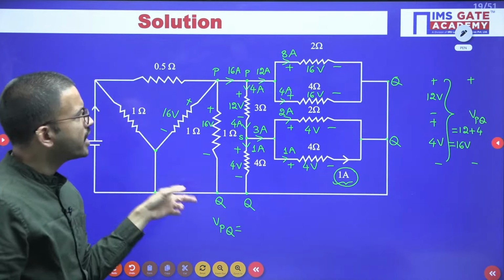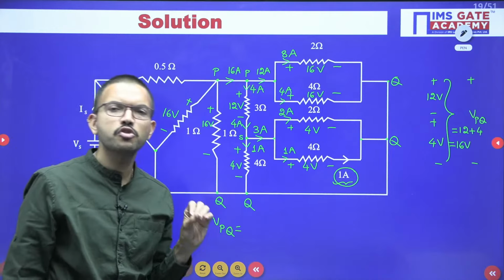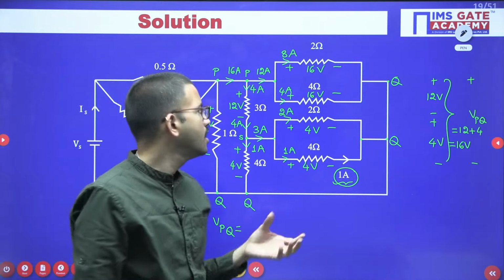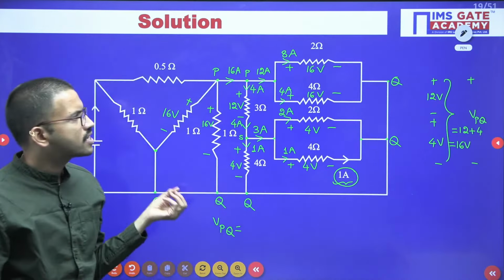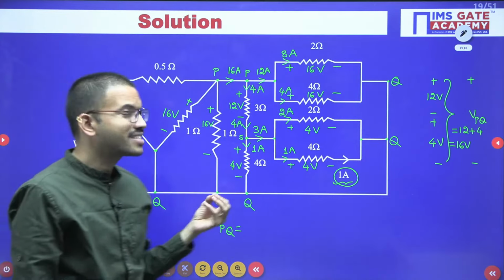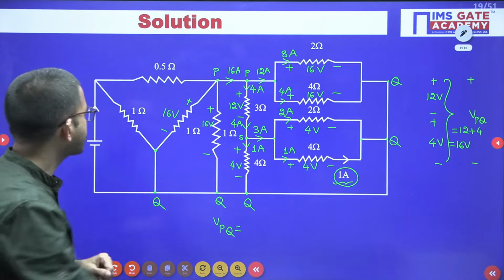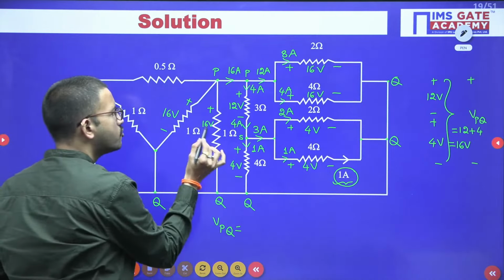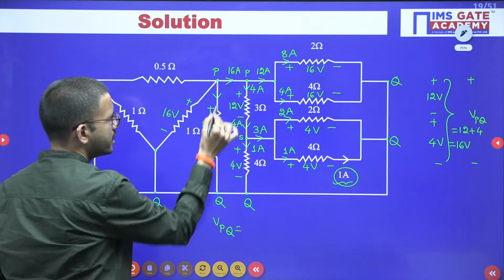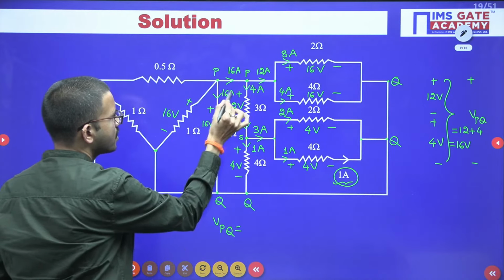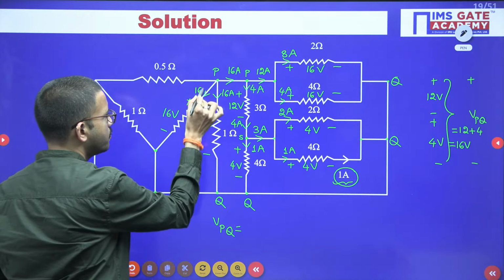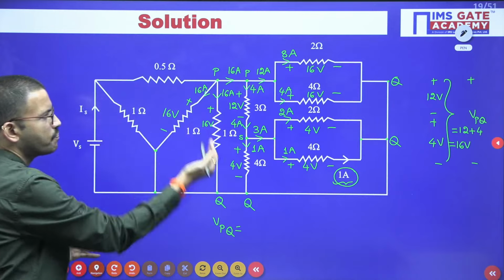This is a very interesting question I have kept in this session so that most of the students will get clarity and good command over basic concepts like series and parallel connection, and KCL, KVL, Ohm's law. Now, you know the voltage, you know the resistor, you can calculate the current, that is 16 ampere. Obviously in this branch also the same current, because both have the same resistor.